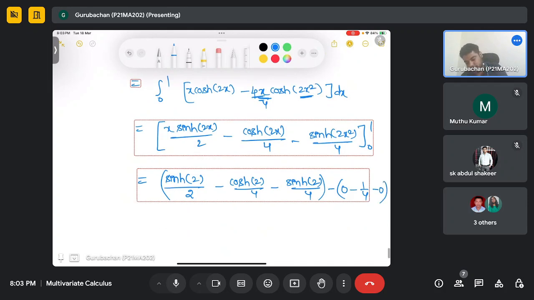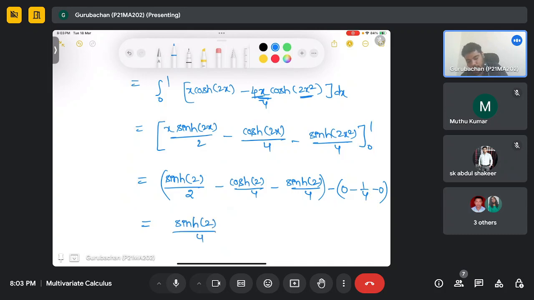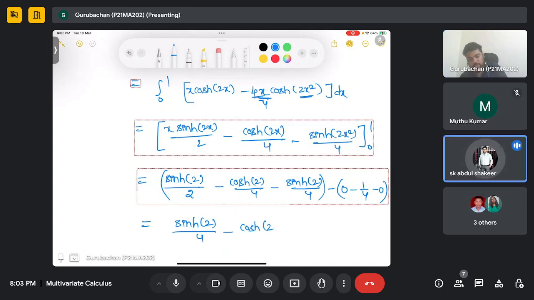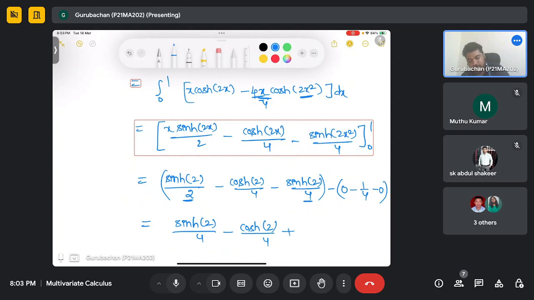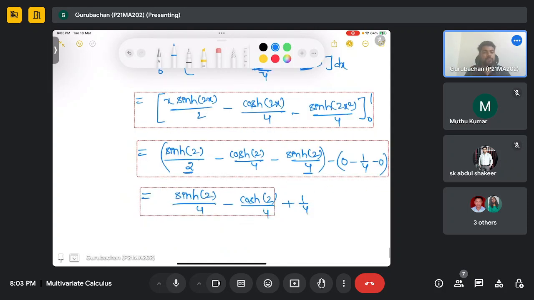You may check that. So this will give you sine hyperbolic 2 divided by 4 minus cos. Sine hyperbolic terms are cancelled? No, it is 2, it is 4. It will not cancel. Sorry. So sine hyperbolic 2 divided by 4 plus 1 by 4.